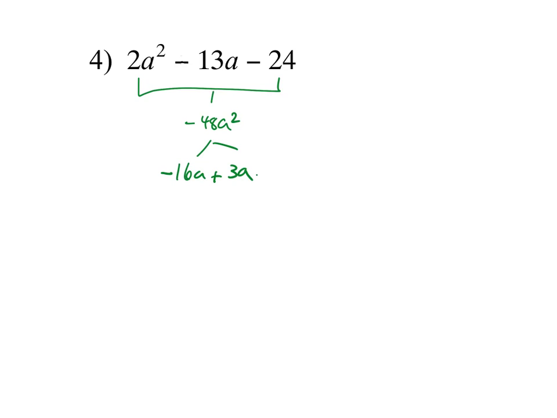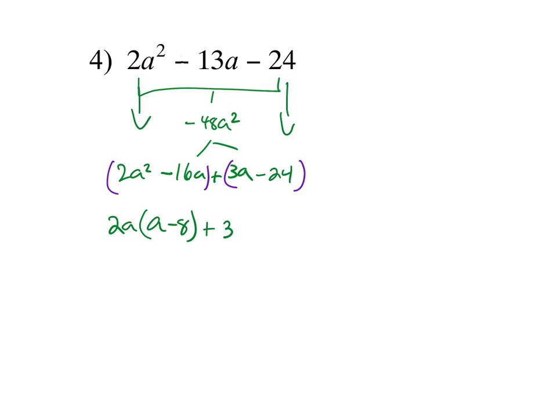So minus 16a, plus 3a, I'm bringing down the 24, I'm bringing down the 2, right? And I'm grouping again. So my common factor here is 2a, so I have a minus 8. My common factor in the second parenthesis is 3, so I have a minus 8. And now I have a minus 8 times 2a plus 3.